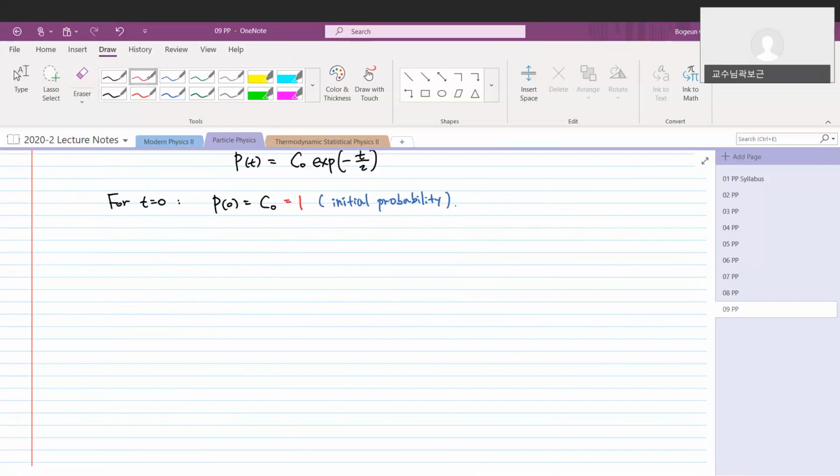Then we found that the probability function equals exponential of minus t over tau.